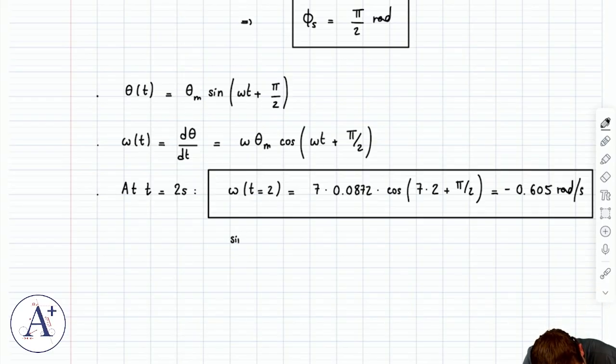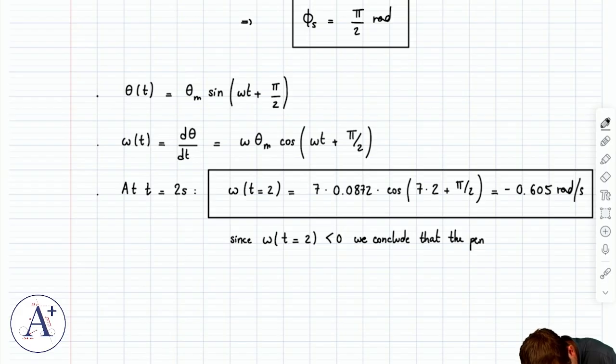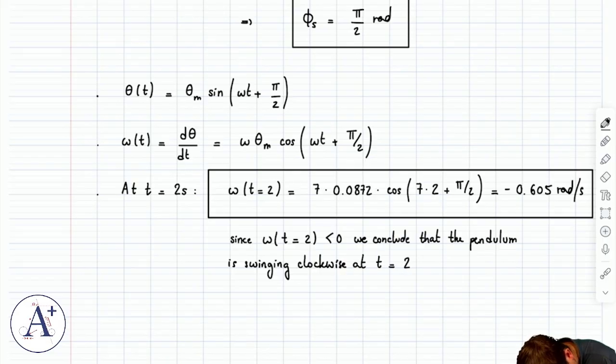Okay, so since omega at t is equal to 2 is negative, we conclude that the pendulum is swinging clockwise at t is equal to 2 seconds.